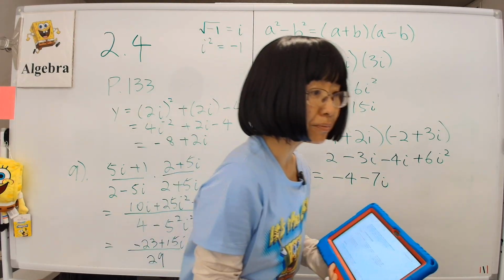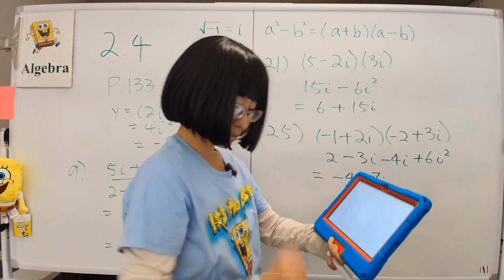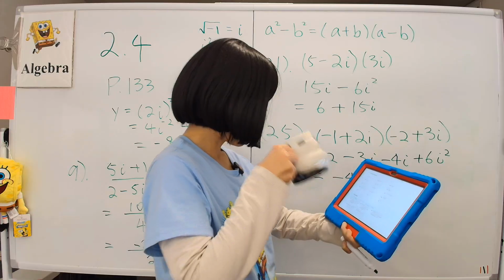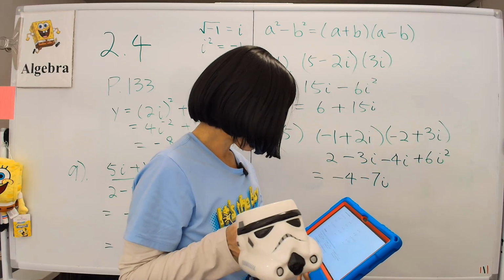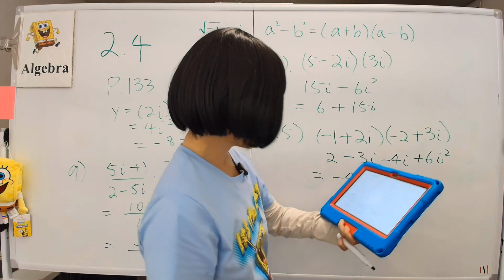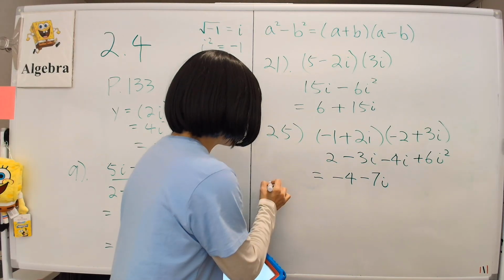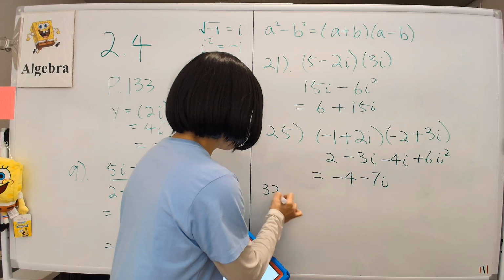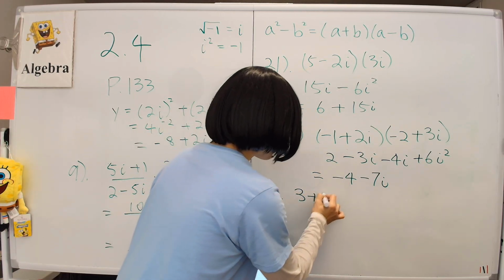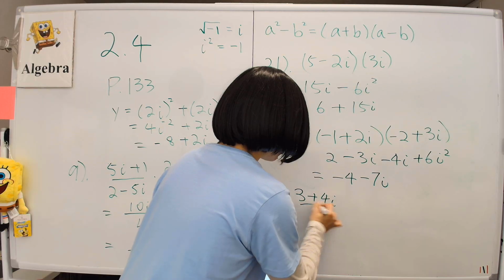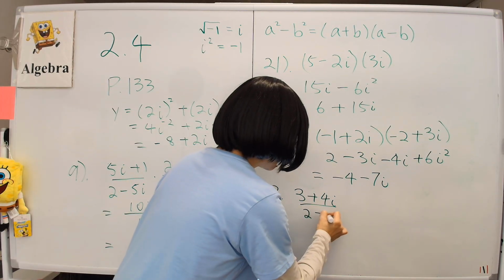Okay, next problem. I want to do 33. Let me find it. Problem 33, which is a fraction. So 33, we have 3 plus 4i over 2 minus i.